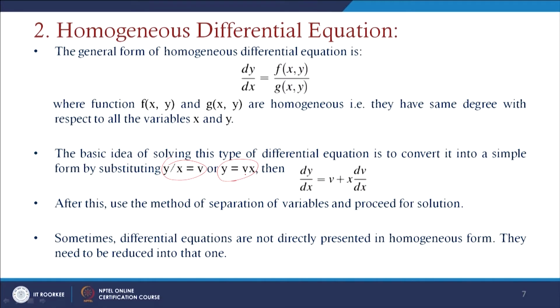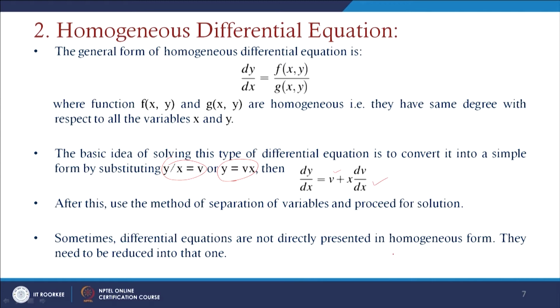Then if you differentiate y as vx, since v is also a variable, we can write dy by dx equals v into dx by dx, that is 1, plus x into dv by dx. And after this we can use the method of separation of variables to get the solutions.